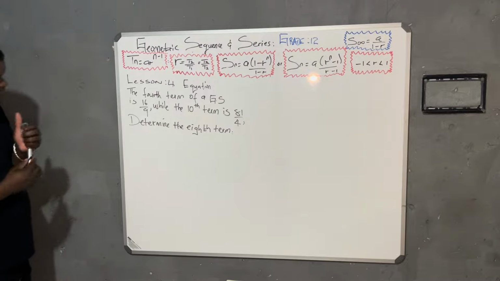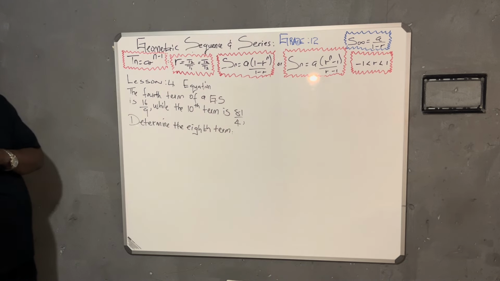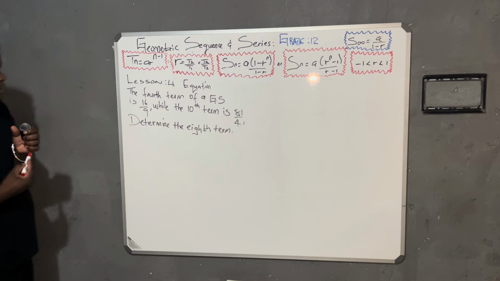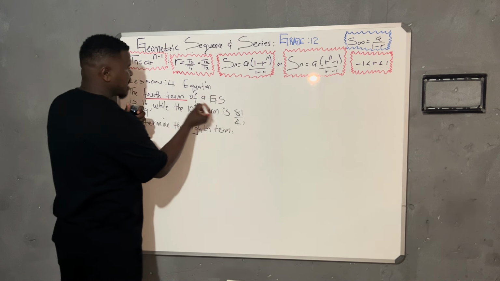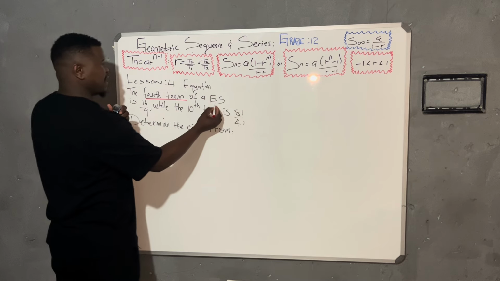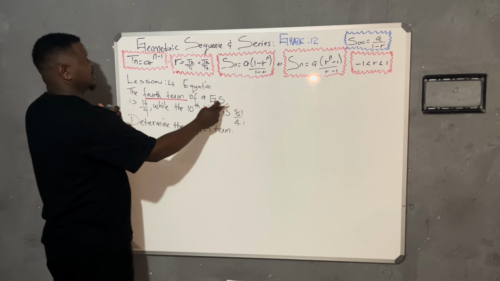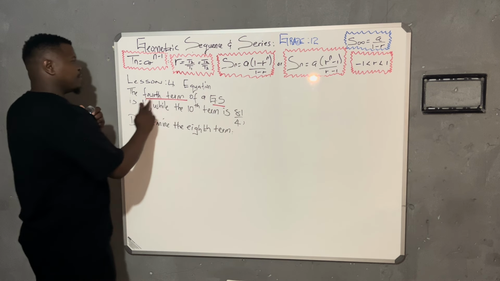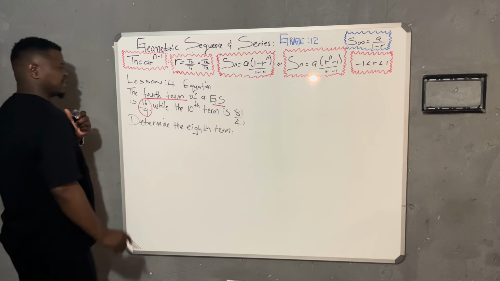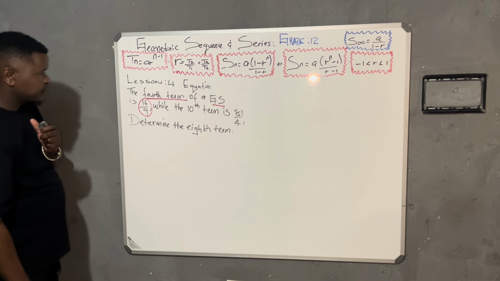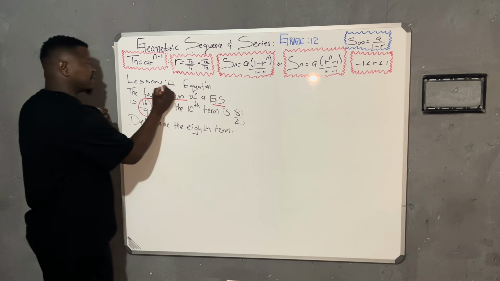Check what you have. They say the 4th term of a GS, a geometric sequence, is 16. That is the equation, because the 4th term is T4.